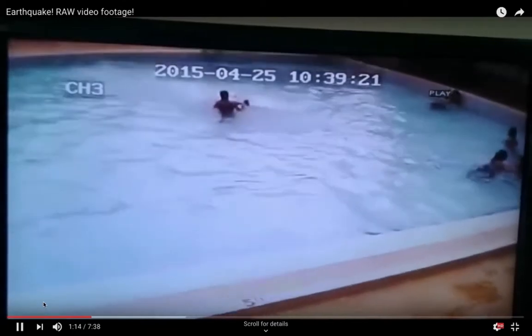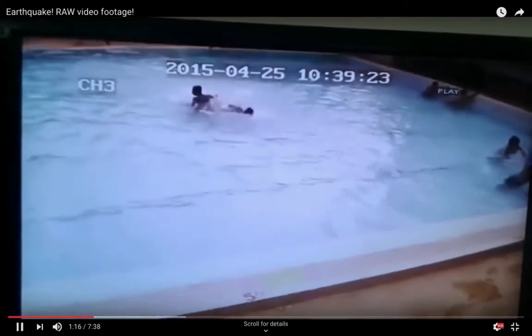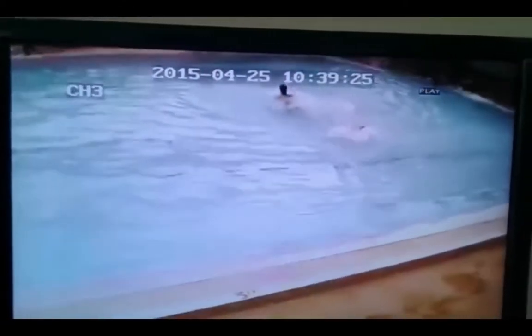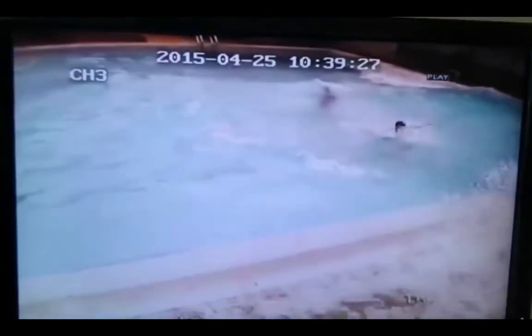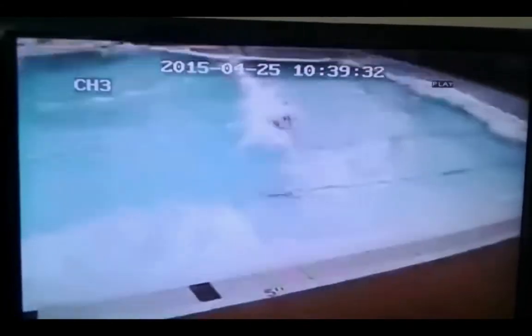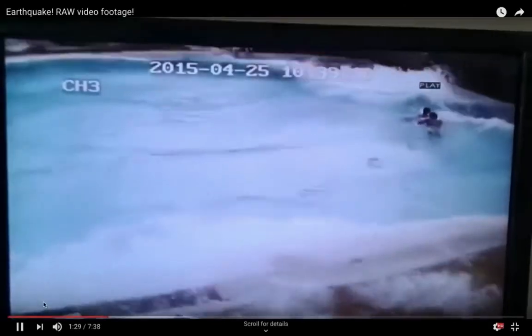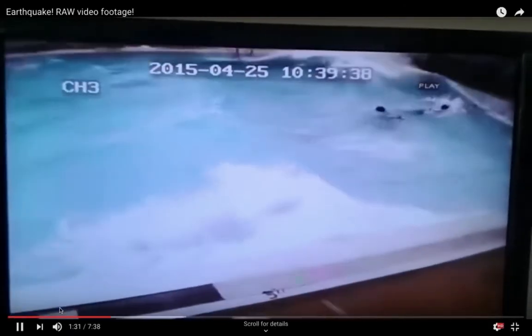Just going to fast forward a little bit. See that? You could possibly drown or something like that if you're not a strong swimmer. Nature is a strong force.